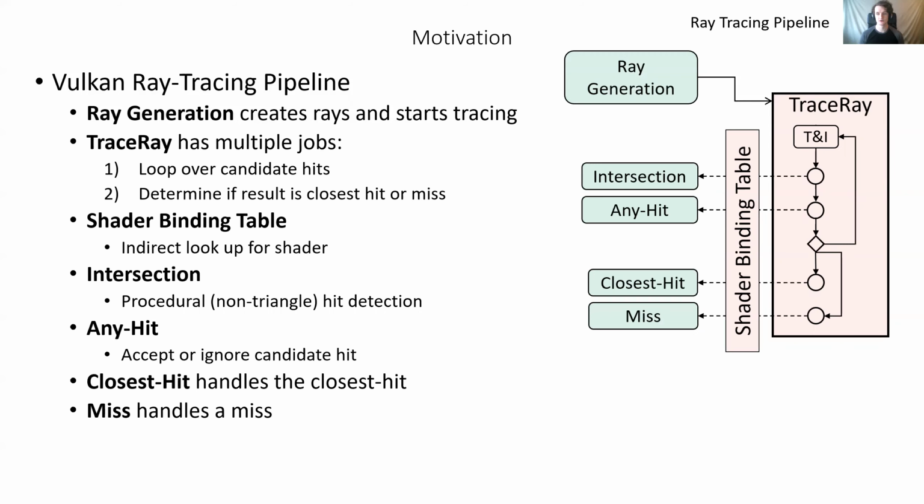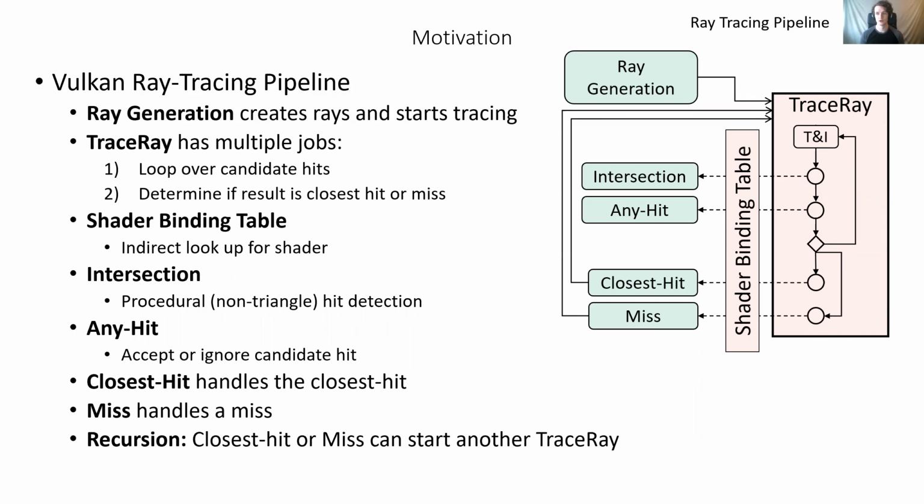The last two programmable shader stages are the closest hit stage and the miss stage. The closest hit is called once the trace ray operation has figured out the closest of all the hits, and the miss is called if there was no hit at all. And finally, the last level of complexity is that the closest hit and miss may invoke another trace ray call. So this is a recursive operation.